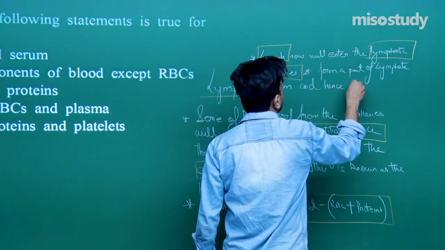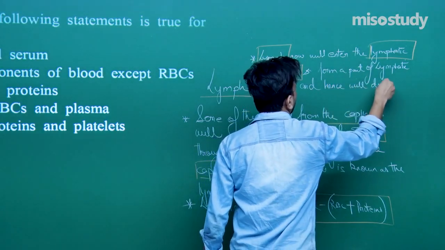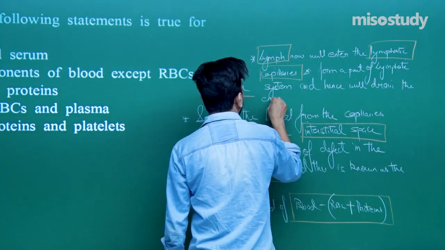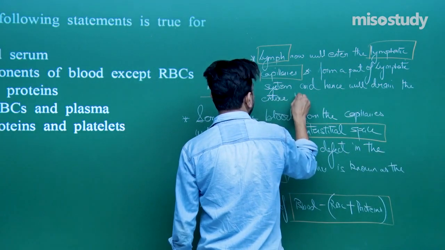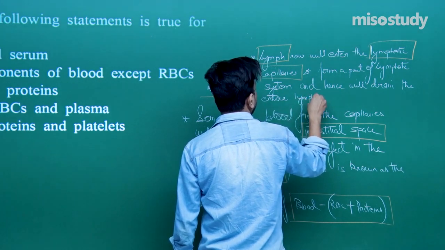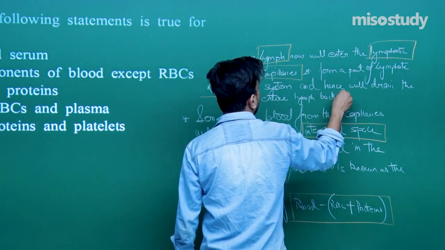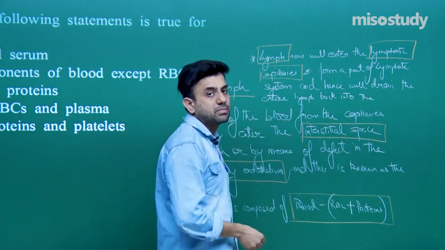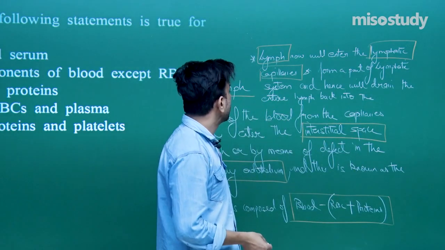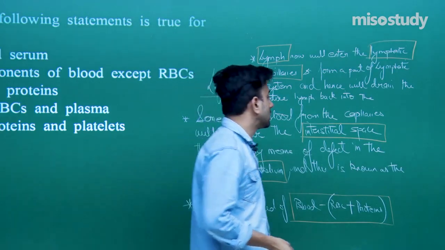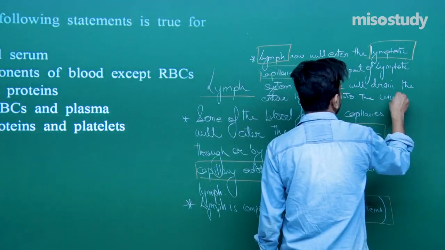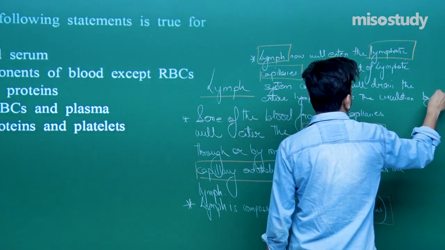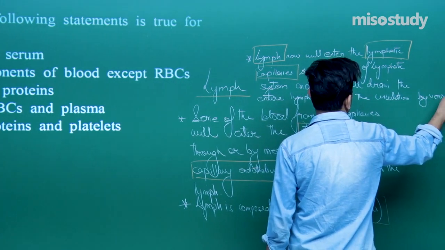And hence it will drain the entire lymph back into the circulation by means of the venous system.